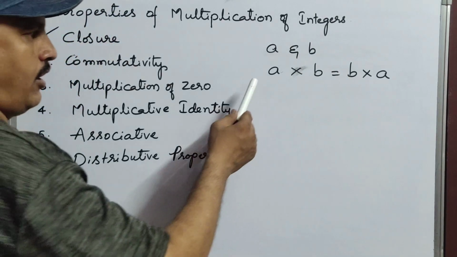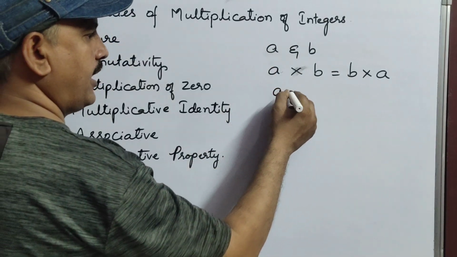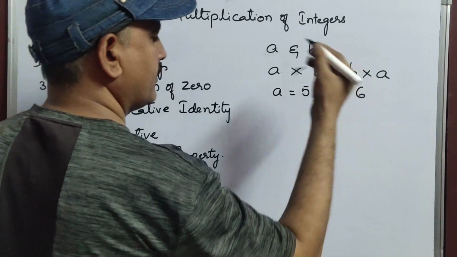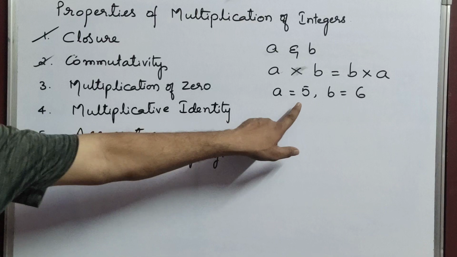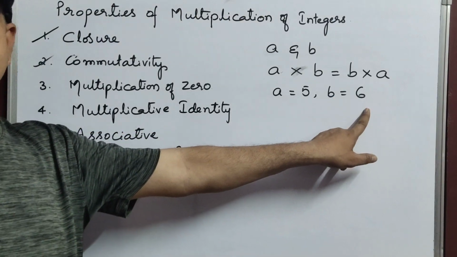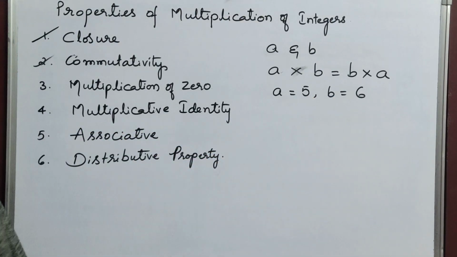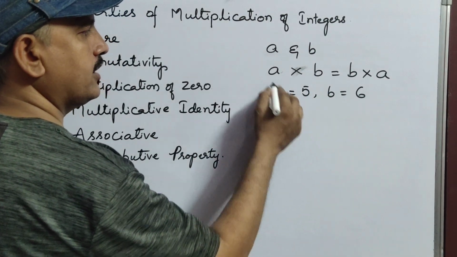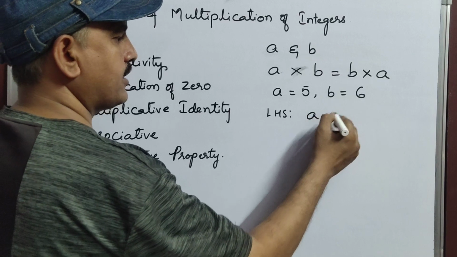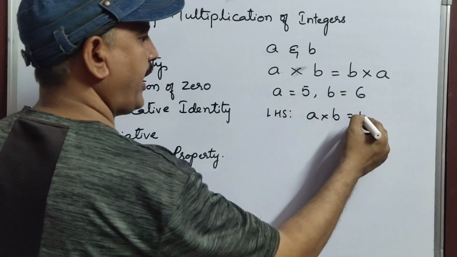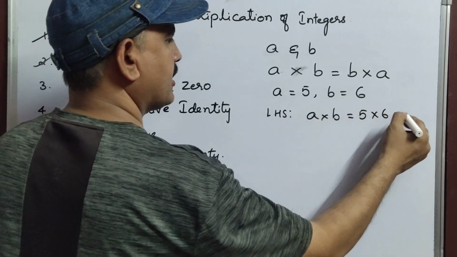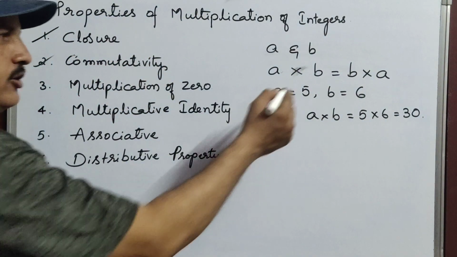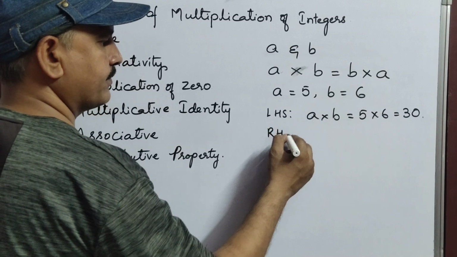Now you can take A value as anything. Suppose A value you can take 5, B value 6. You took A value as 5 as an integer, B value as 6, a positive integer. Both I took positive. Now here see LHS. LHS is what here? A into B. That means 5 into 6, that is nothing but 30. Now coming to RHS, right hand side.